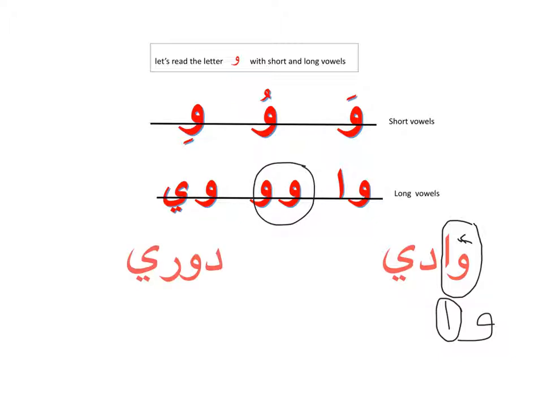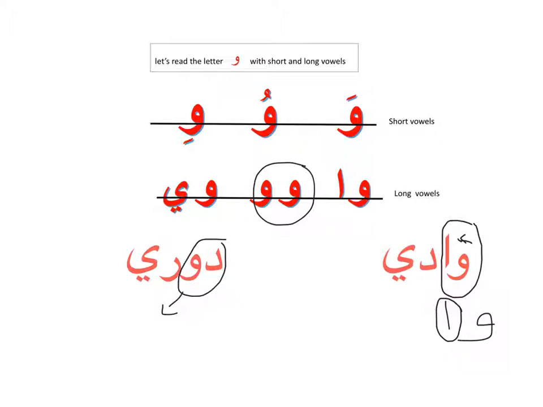Another word, duri. So look at this part. What do you think of this letter? Is it the letter wa or the vowel u? I'm going to say it again. Do. So it's definitely a vowel because of the sound, number one. And if you look at the letter da, it doesn't have any vowel on the top or under.